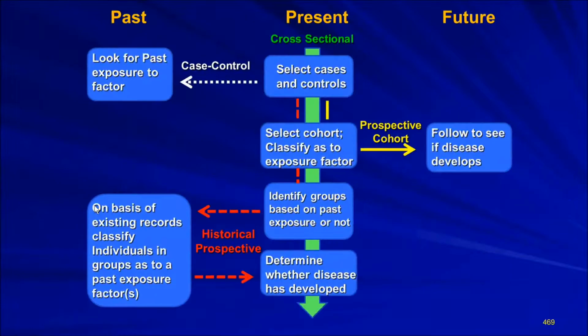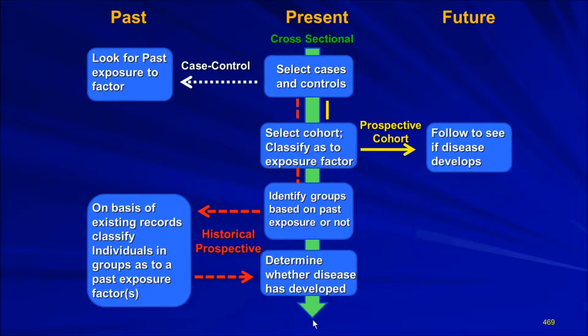This is a diagram that I think you'll find very helpful. As I go down here, you'll see the word cross-sectional. This is a cross-sectional study. This is the present, and we're going to measure behaviors at a given point in time. Let me be more specific about what that means.